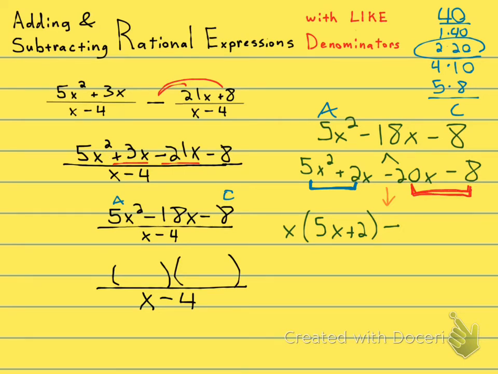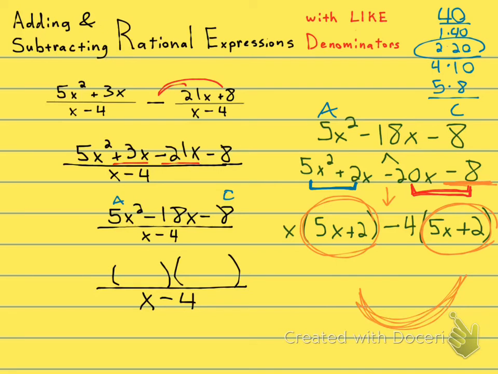It also goes into 8. 4. So I'm factoring out a negative 4, and I'll be left with 5x plus 2. Okay, remember, when I'm dividing a negative 4 from here, I will change the sign. Now, am I happy? Yeah, look at this, okay? We made that happen by finding the right numbers to split up the middle term.